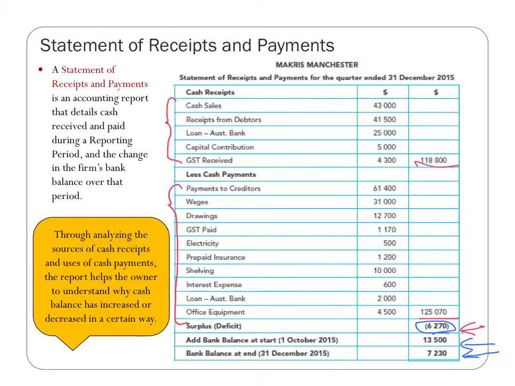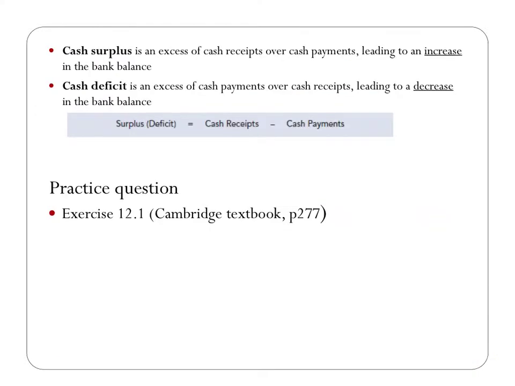All right, so why do we need such a statement? We're analyzing the sources of cash receipts and uses of cash payments. The report helps the owner to understand why the cash balance has increased or decreased in a particular way. Okay, definition for cash surplus.